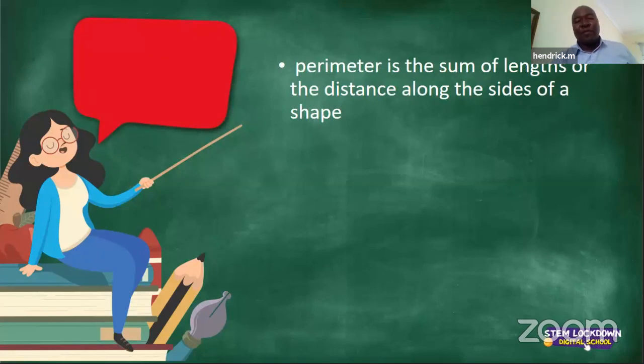You can also define it as follows. You can say that the perimeter is the sum of the lengths of a particular shape. So if you add all of those lengths, then you come up with a perimeter, or the distance along the sides of the shape. Then you are talking about the perimeter, the distance around the edge, if you may call it, of the shape.